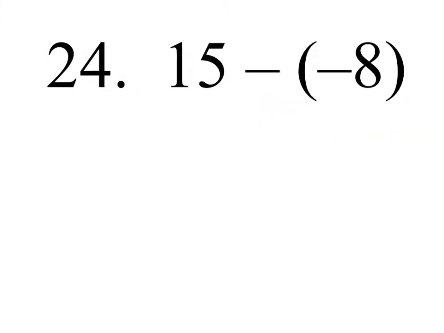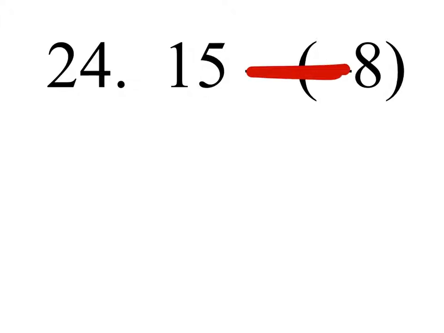15 minus -8. So here's what we can do sometimes, okay, this one doesn't require the models, so that's okay. We don't really need a model on this one. If you ever see minus a negative, here's what you may do if you want, but it's really up to you. See how we got that minus a negative?